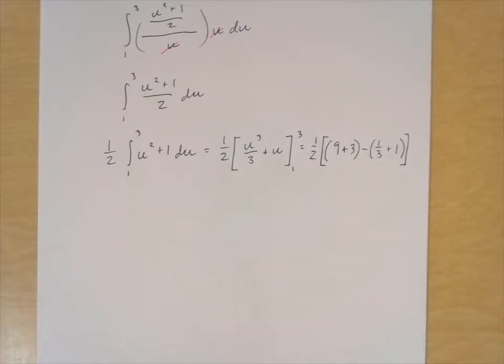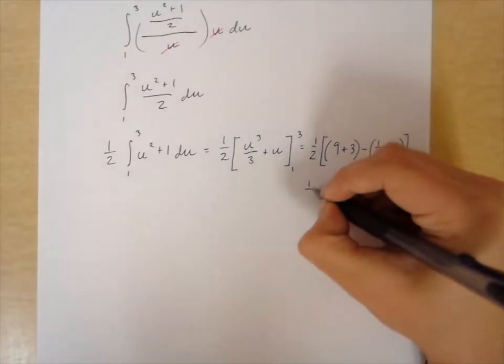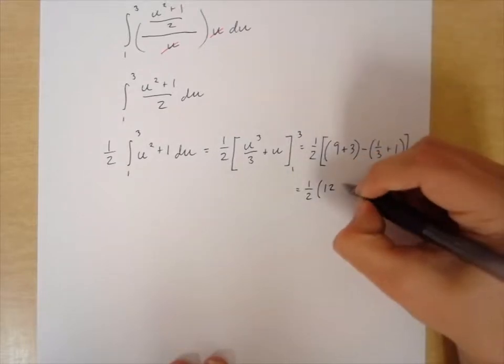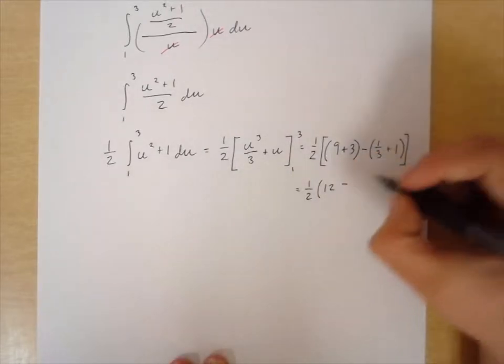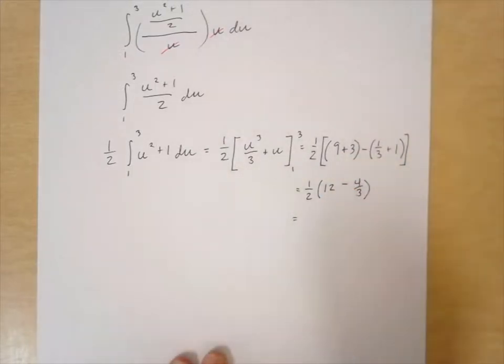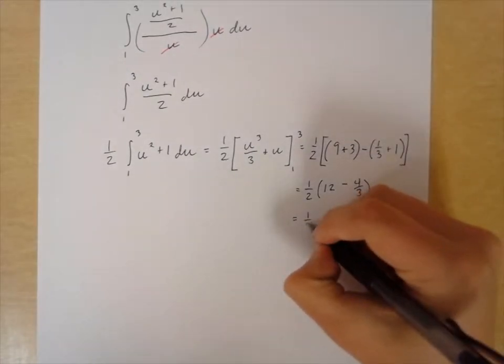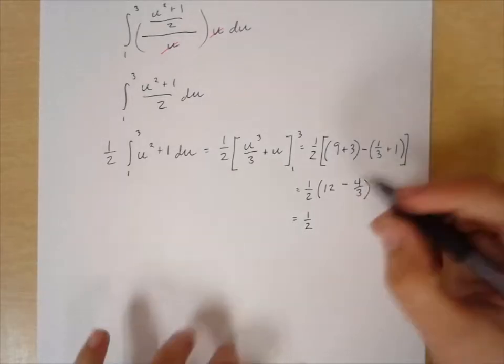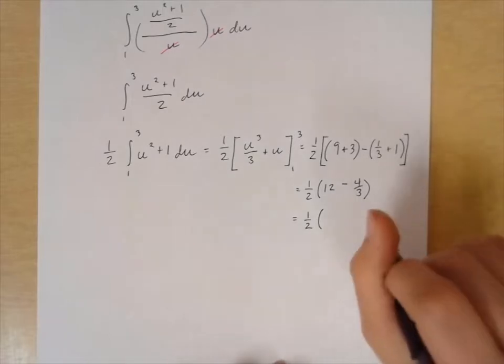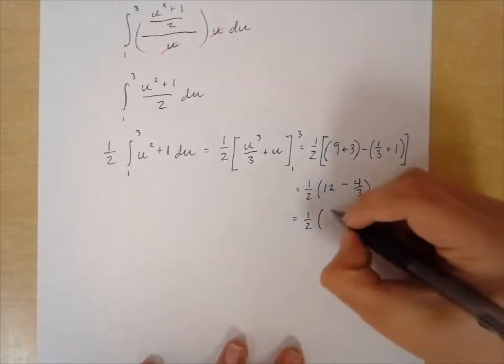There we have it. So we'd get 1/2 outside, 12 minus 4/3. And when we simplify further, we'd get 1/2 outside of 32 over 3.